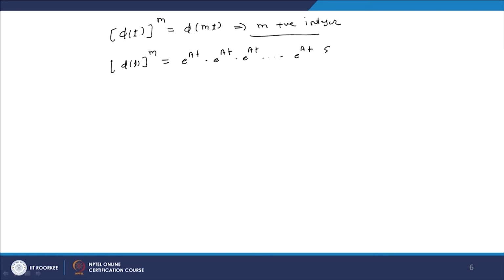Now up to how many terms do we have to write? We have to write m times. See here, phi of t raised to m, e raised to at, e raised to at, m times.